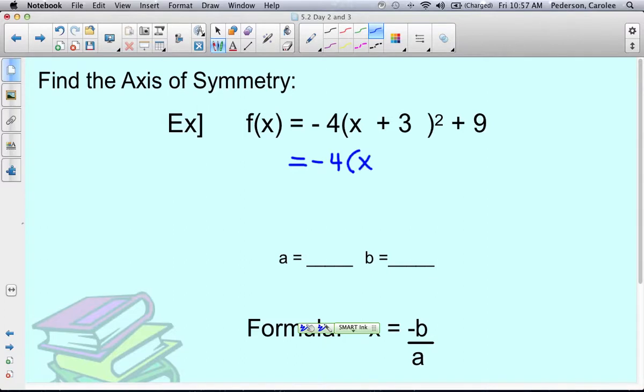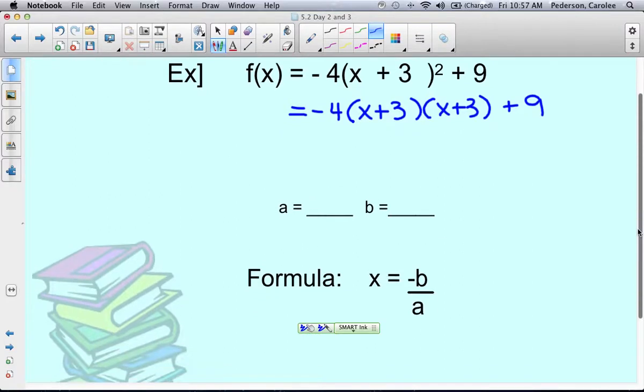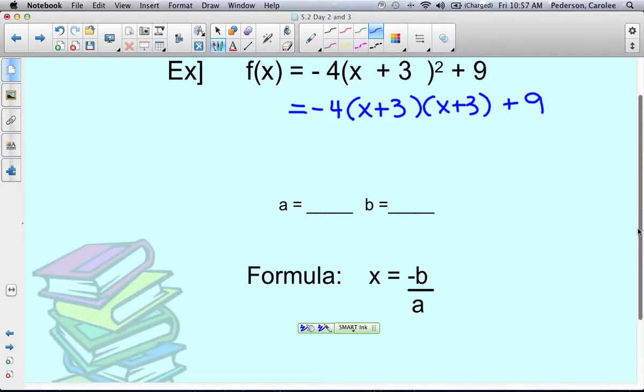So remember, this x plus 3 all squared represents 2 of the same parentheses. And now we're going to FOIL those parentheses. X squared, 3 times x, 3 times x, and then 3 times 3.